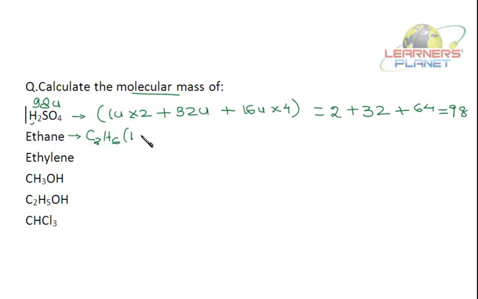Carbon has atomic mass 12 units multiplied by 2 plus 1 unit atomic mass of hydrogen multiplied by 6, so 12 into 2 is 24, 24 plus 6 is 30 units. So the molecular mass of ethane is 30 units.